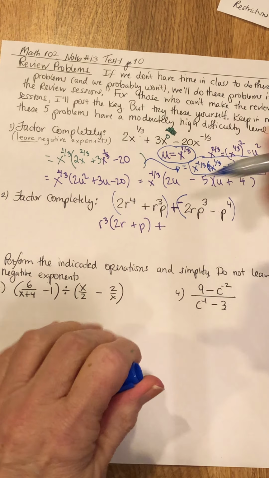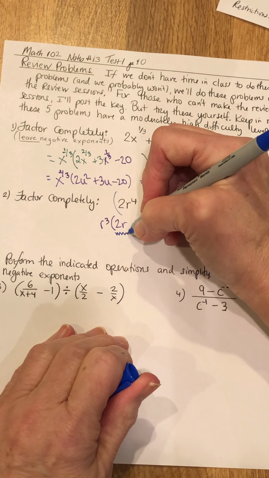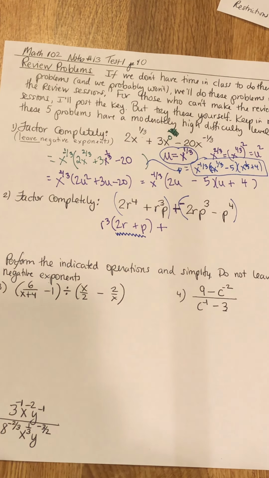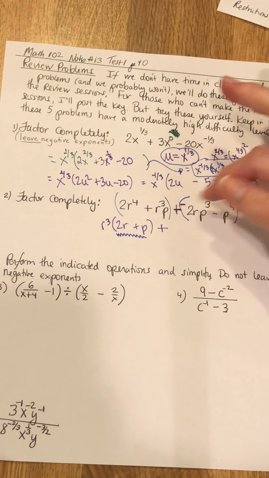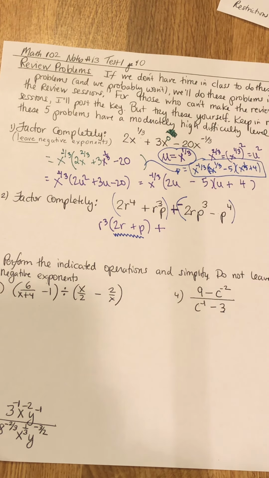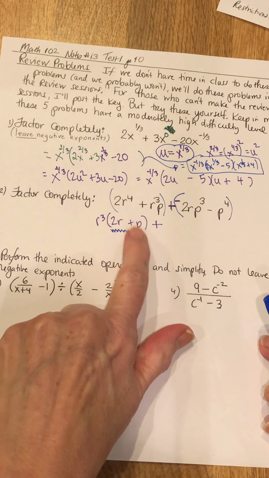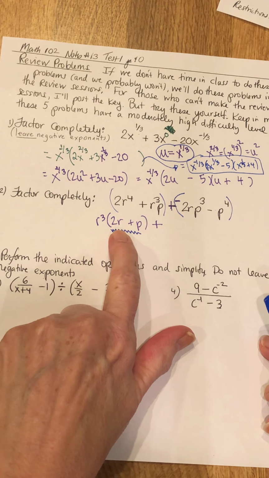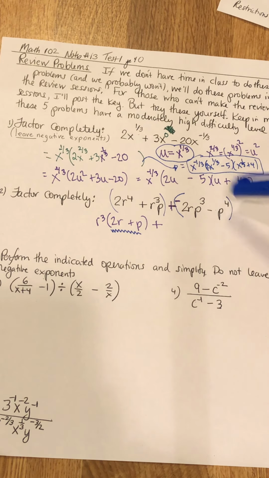The whole point of grouping is to get a binomial GCF to factor out in the next step. If you cannot get a binomial GCF to factor out in the next step, grouping didn't help, and you're probably looking at something that can't be factored. So I see that both of these signs are negative, but I need both of the signs to be positive in this binomial here. So whatever GCF I take out, I'm going to take it out as a negative.